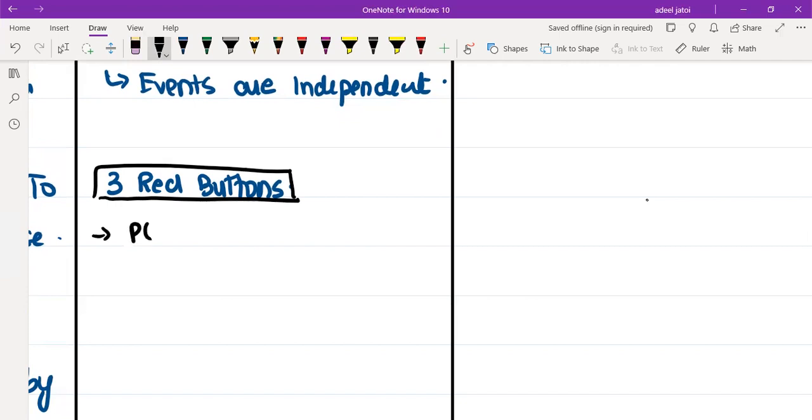So we have 3 red buttons out of 3. That means each time you pick, your probability of having a red button is 1, because you choose out of 3 and you need to pick only one.